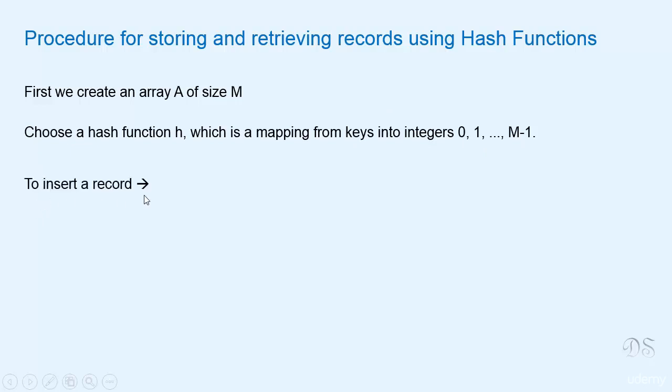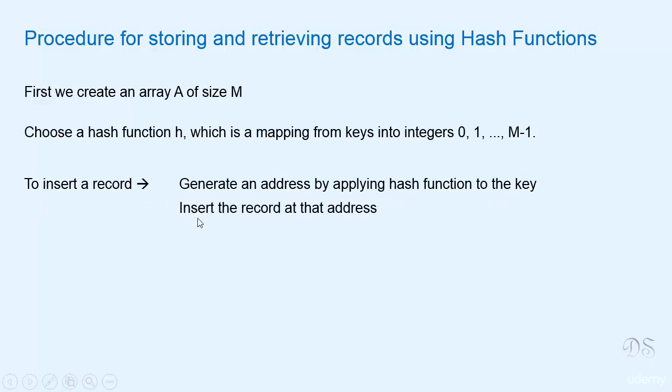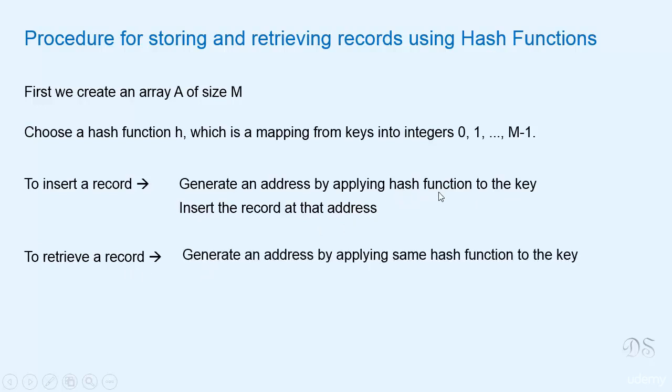Now to insert a record in the hash table, we'll generate an address by applying the hash function to the key and then we'll insert the record at that address. To retrieve a record, we'll apply the same hash function to the key and then access the record at the address given by the hash function.